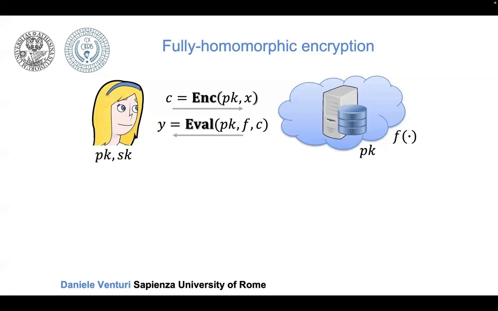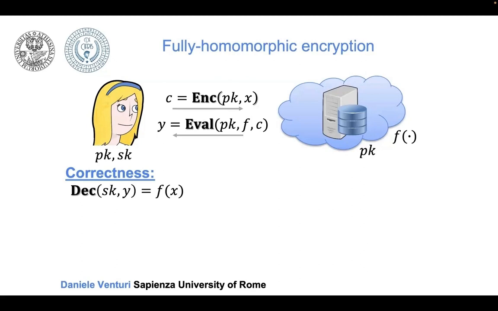Now you run Eval and you get some output y, which is sent back to Alice. And now we would like the following guarantee: if Alice decrypts y, she gets f of x.